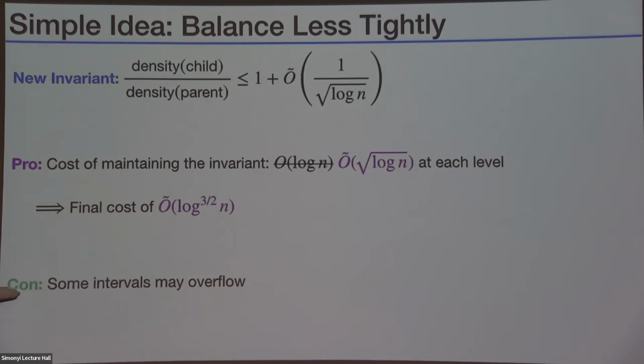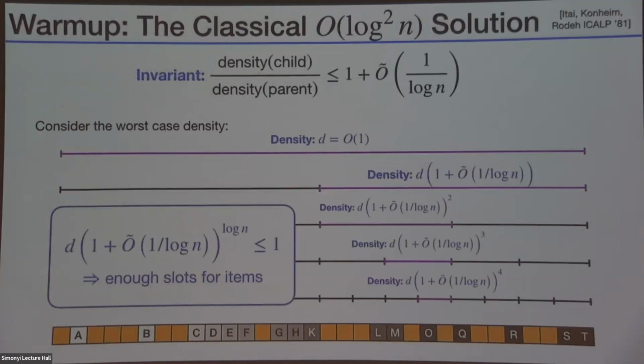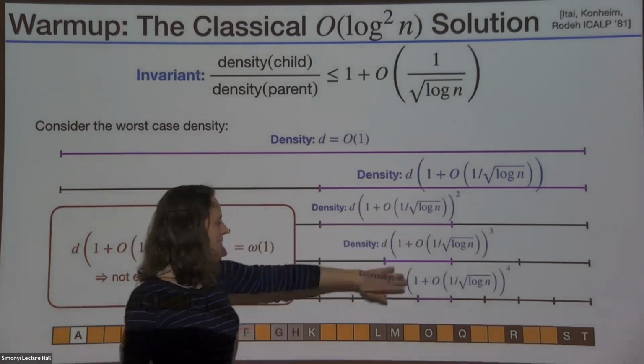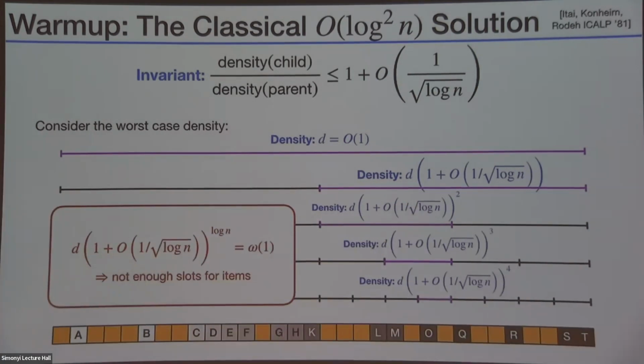The reason it doesn't work is because some intervals might overflow. What I mean by that is the following. You'll remember this exact picture from before where we were saying, if we could maintain that invariant with 1 over log n, then you'd never experience any overflow and there's enough elements at the bottom. But if I change this to square root log n, all of these become square root log n.